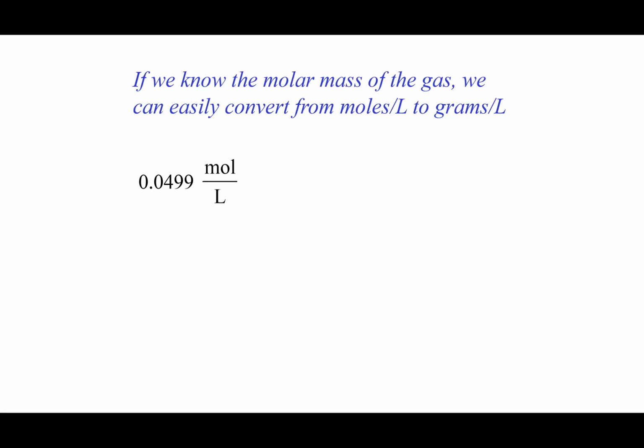To get your regular density, grams per liter, we're going to use the molar mass from the periodic table for argon, 39.95 grams per mole. Units of moles cancel, and we have units of grams in the numerator and liters in the denominator. So rounding to 3 sig figs, the density for that gas is 1.99 grams per liter.